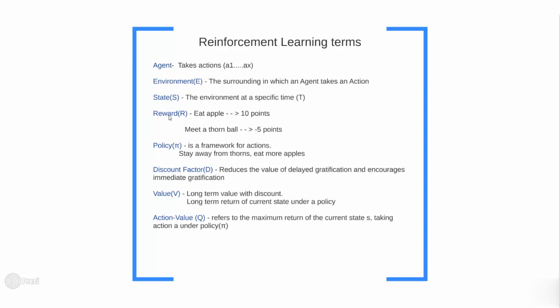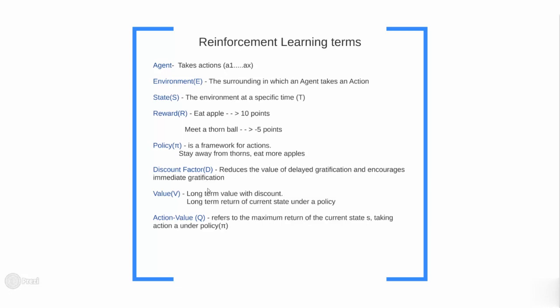State is the environment at a specific time. Reward is very simple. So if you eat an apple, you get 10 points. If you meet a thorn ball, you get negative 5 points. Policy is the framework for actions. For example, you could create a policy to stay away from thorns and to eat more apples.